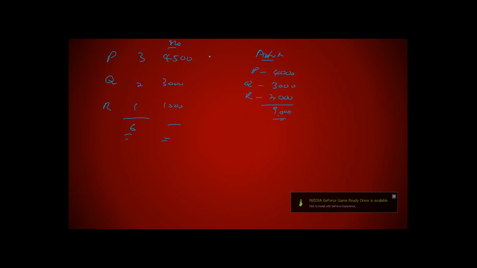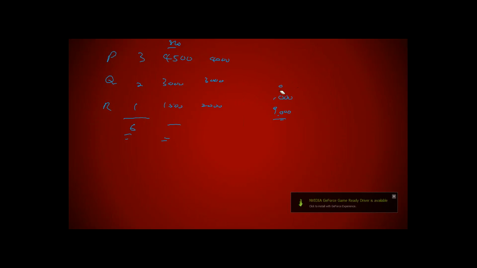So what is the actual mix? The actual mix is 4,000, 3,000 and 2,000. Now can you tell me whether it's a good variance or a bad variance for each of the items? For P, 4,500 was the standard.